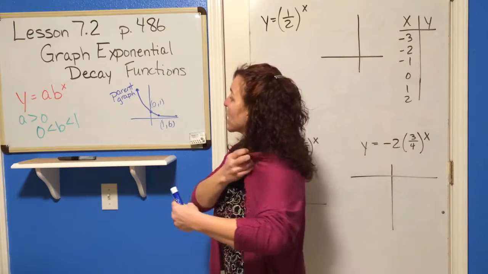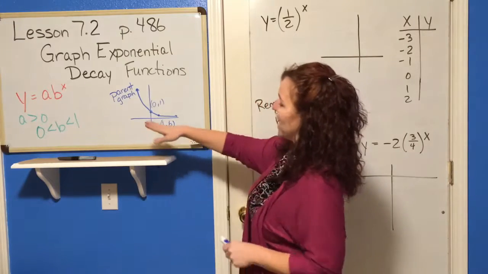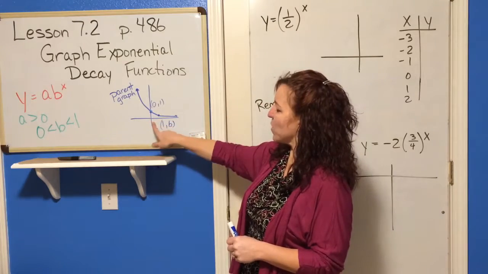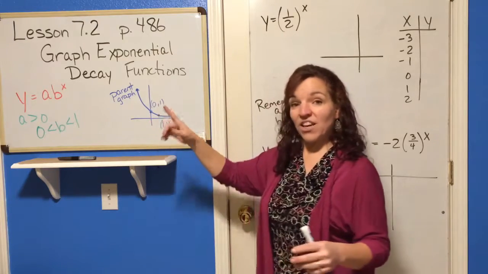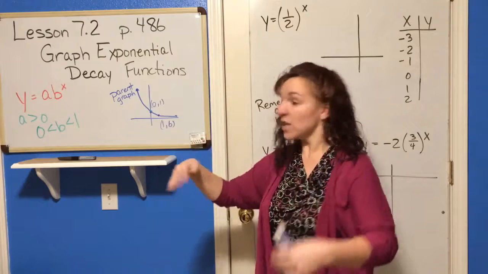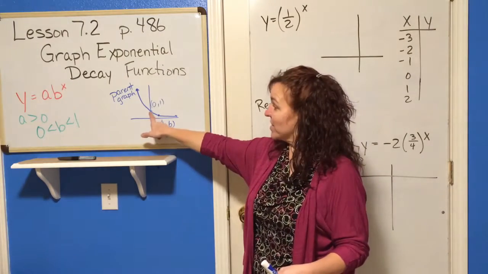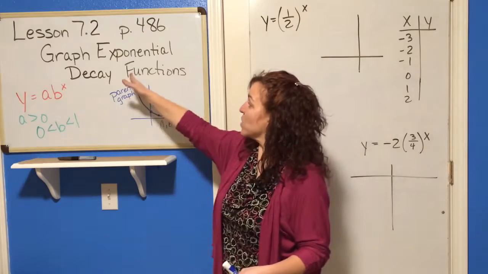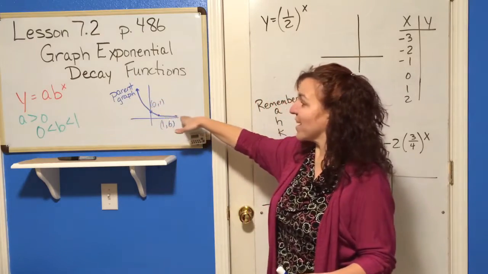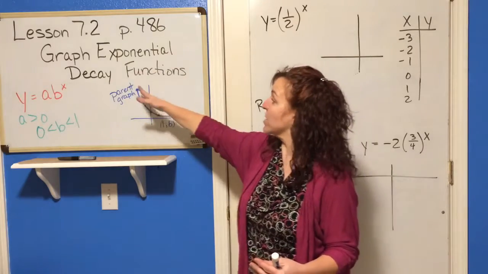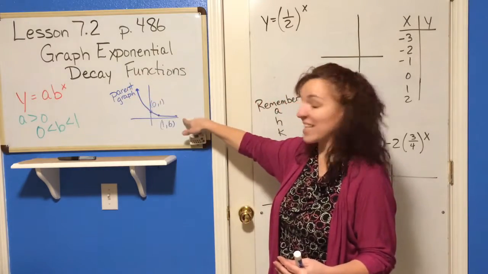If b is a fraction, then when we have the 0, 1 point and the 1, b point, b is less than 1, so that b point is going to be lower than the y-axis point. The graph is going to be decaying, and it's still going to come close to the x-axis.